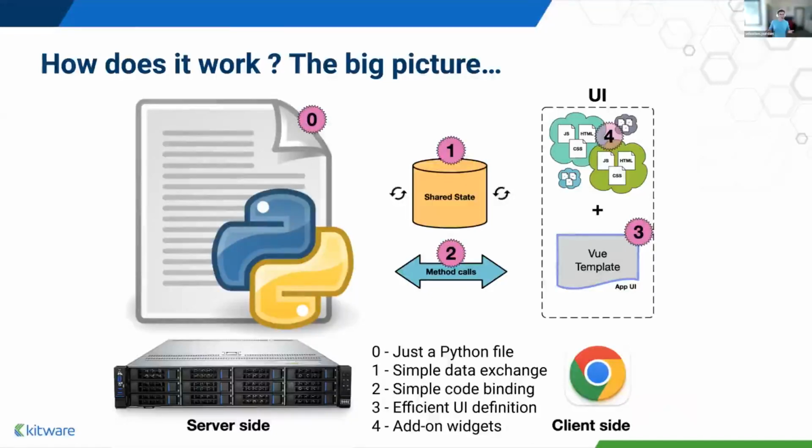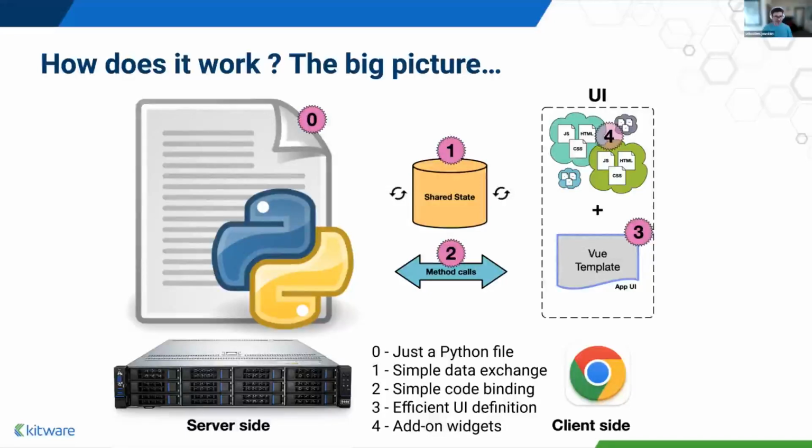And how does it work? Well, if you want the big picture, you start with a Python file that is going to run on what we call the server side. Of course, on a local machine, your machine is your server and your client at the same time. But technically, you will have some Python running on the server side.